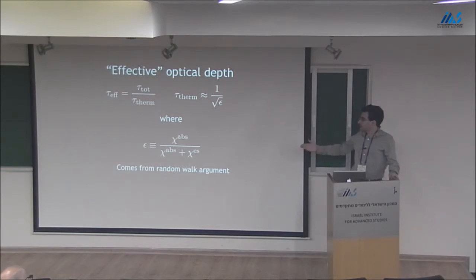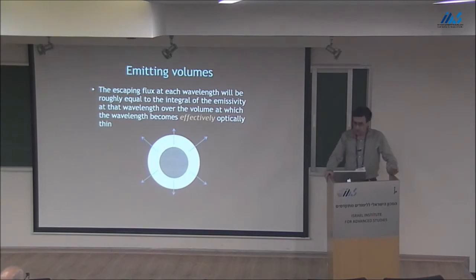And you can derive this effective optical depth from a random walk argument. It's an old result that goes back many years and underlies a lot of work on stellar atmospheres. And then to predict the flux that comes out at a given wavelength, you need to consider the thermalization depth at that wavelength and then integrate the emissivity in the volume extending from around the thermalization depth to the outer edge of the system.